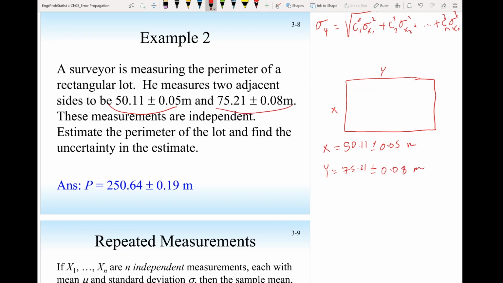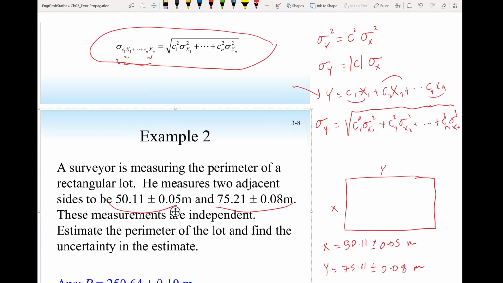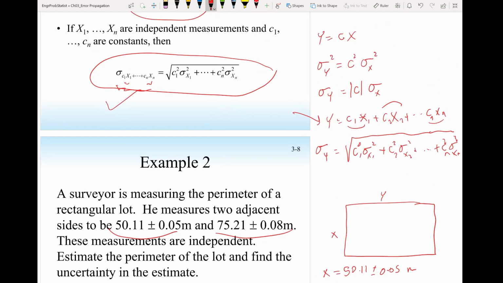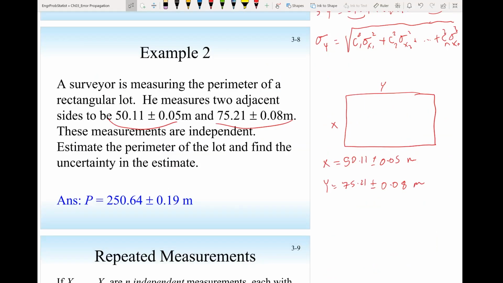These measurements are independent. This is true only if X1, X2 are independent measurements. So now estimate the perimeter of the lot and find the uncertainty in the estimate. Well, the perimeter, let's call it P, is this side plus this side, so that's 2X plus this side and this side, so that's 2Y.